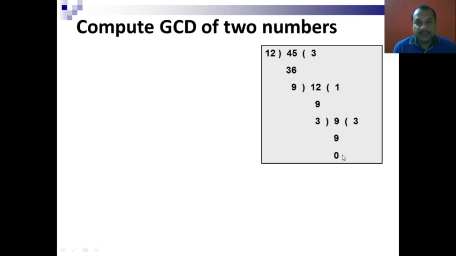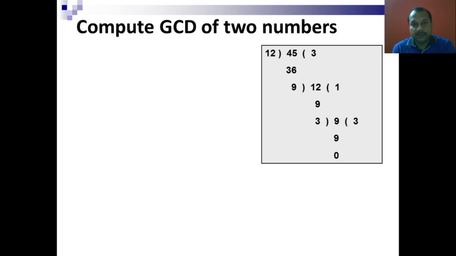And my stopping criteria, as per the definition of the GCD, is that when my remainder is 0, then I will stop. So that is my stopping criteria, and I need to write a program which will take two integer numbers and compute the GCD of the two numbers.